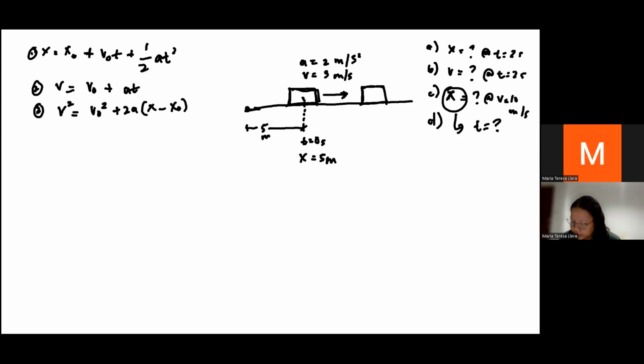The first position is at t equals 0 seconds, and the second position would be after 2 seconds. Okay, so now that we have drawn the diagram, we can visualize what's going on in our question, and it will be more organized.